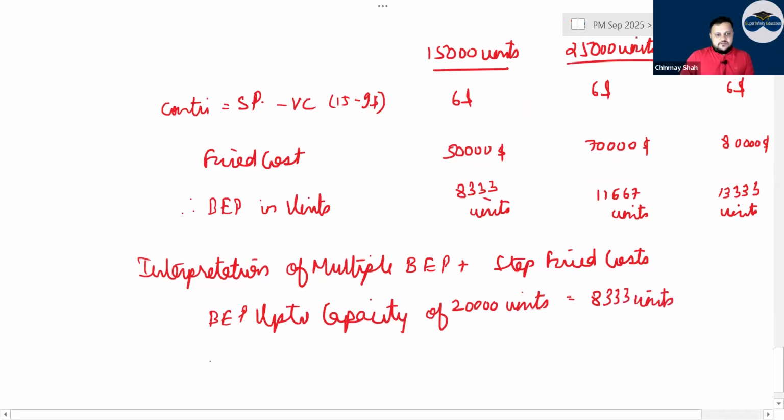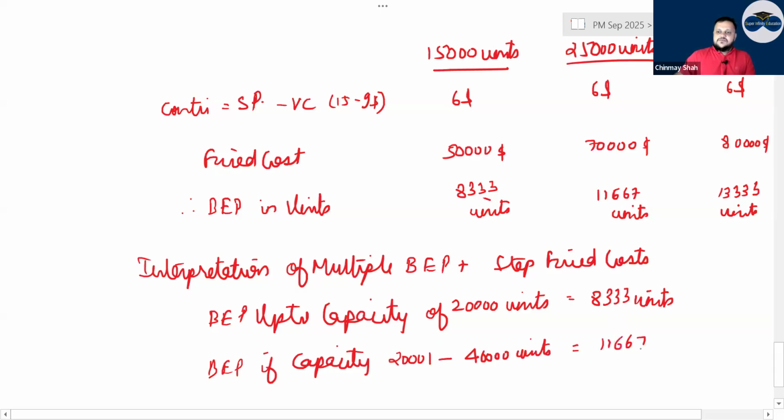But if you go ahead, BEP, if capacity is between what to what? 20,000 to how much? Should I write 20,001? Have a look. 20,001 to 40,000 units is how much? 11,667 units, right?